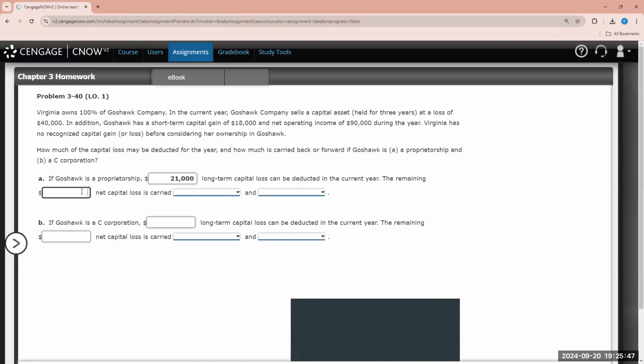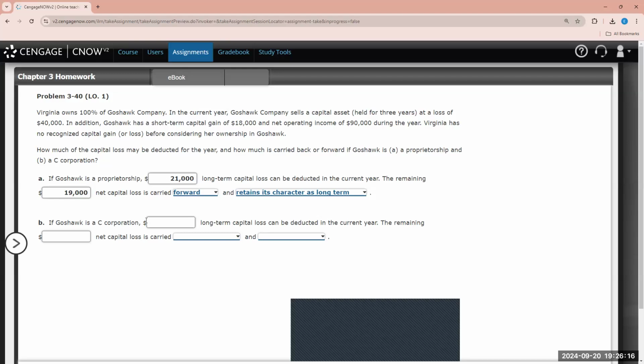So the remaining $19,000 is going to be carried forward. And then it retains its character as long-term, because again, if we net the two, we have the short-term capital gain, and then from there we had the long-term capital loss.